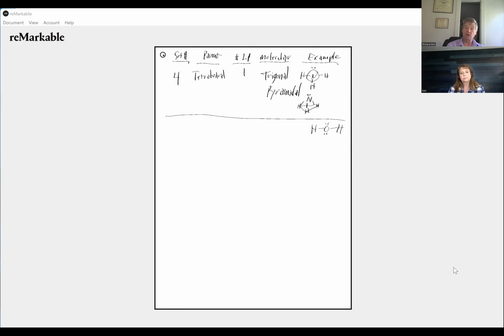Very few people understand why. But with oxygen as a central element, how many things around it? Right, set number 4. This time it has 2 atoms and 2 lone pairs of electrons. Because it has 4 things around it, its parent shape is still tetrahedral.